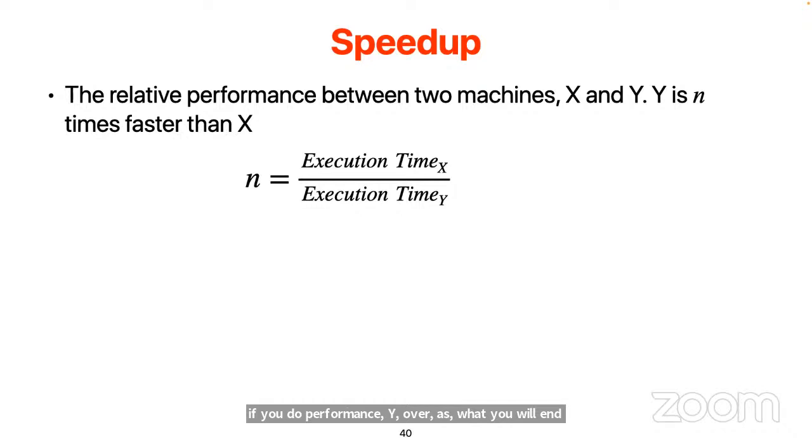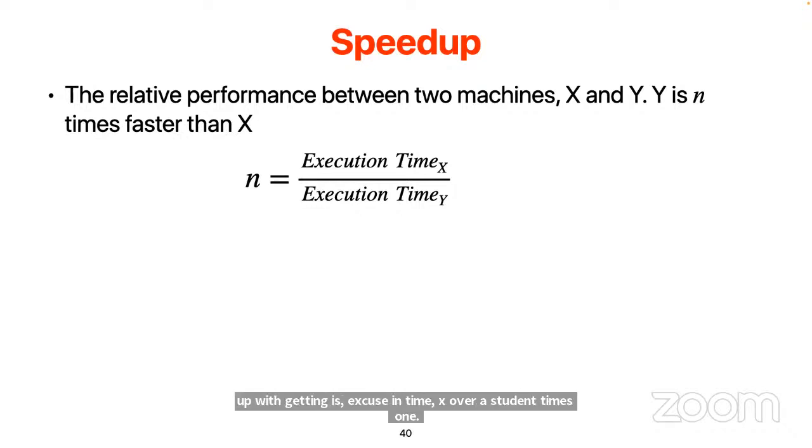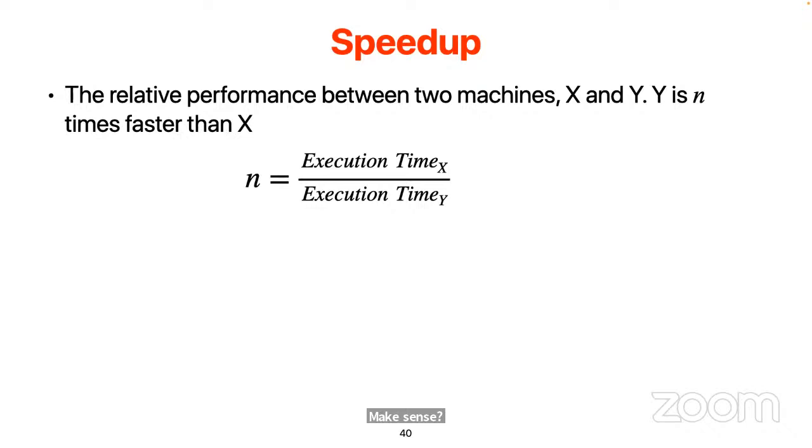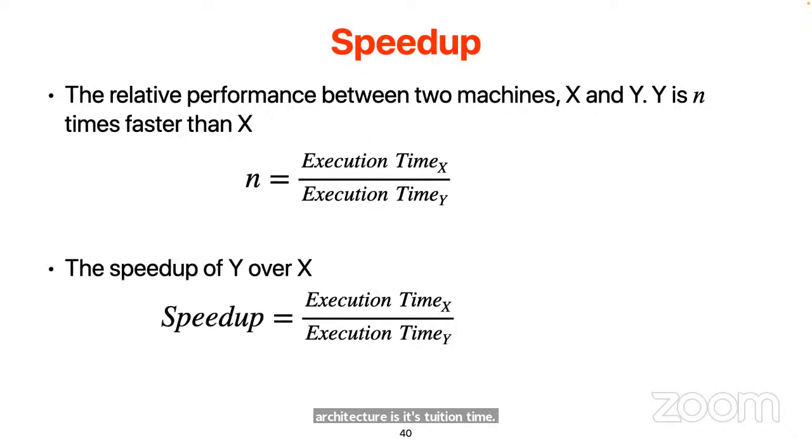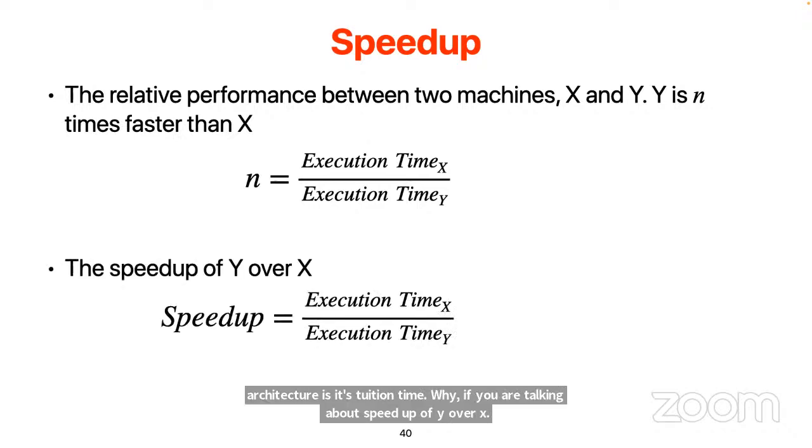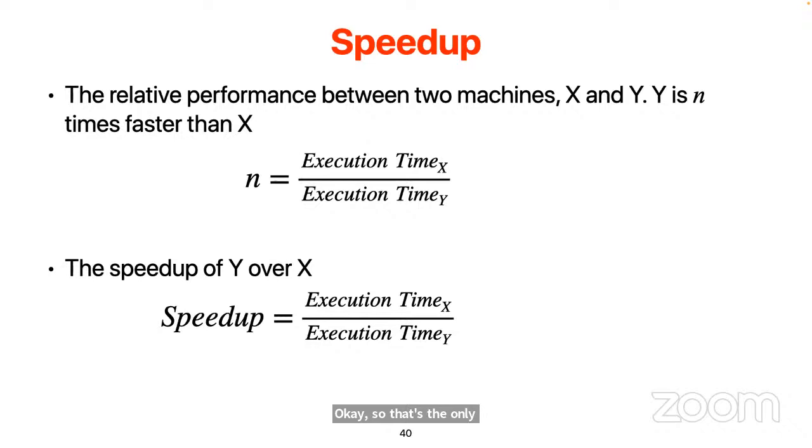Make sense? So the baseline is on the top, the modified one is on the bottom. That's the only definition of speed up in computer architecture: execution time x over execution time y if you are talking about speed up of y over x. Very, very important.